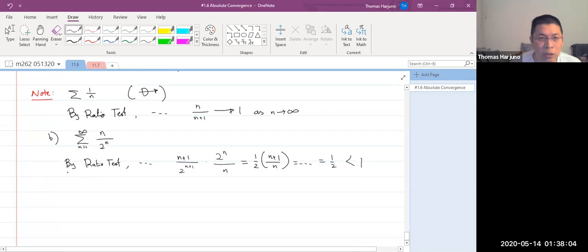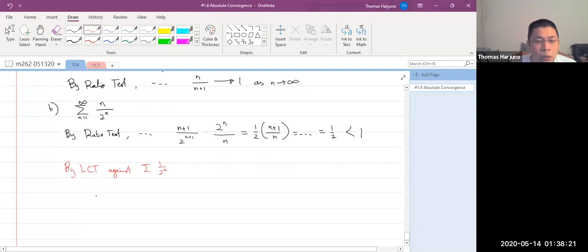I don't think that will work. By limit comparison test against the series 1 over 2 to the n, here's the thing though. If I do that, I will get n over 2 to the n over 1 over 2 to the n, that's equal to n, and this goes to infinity.